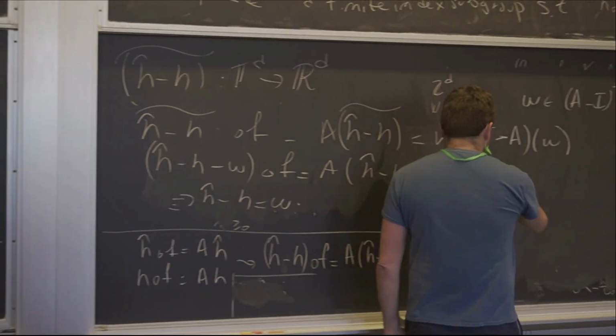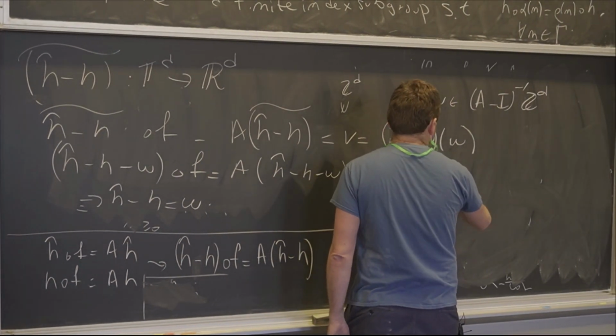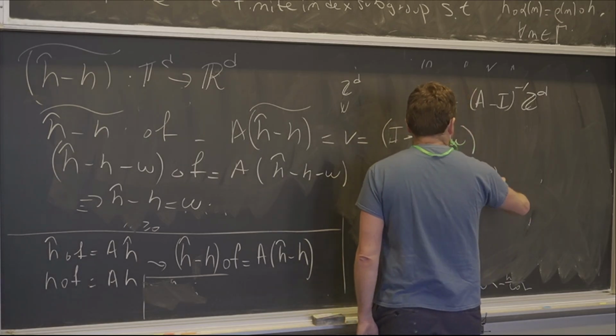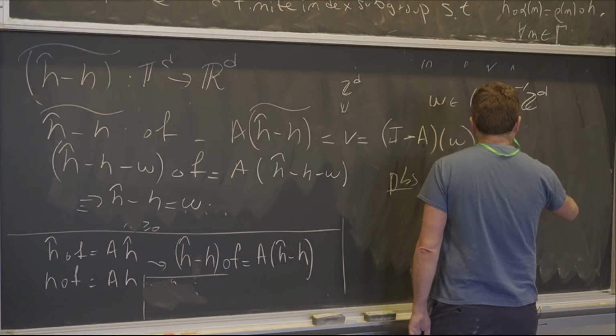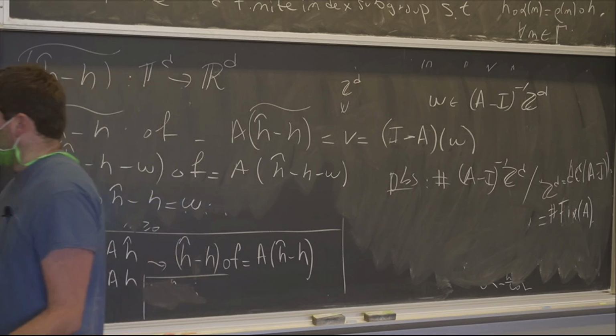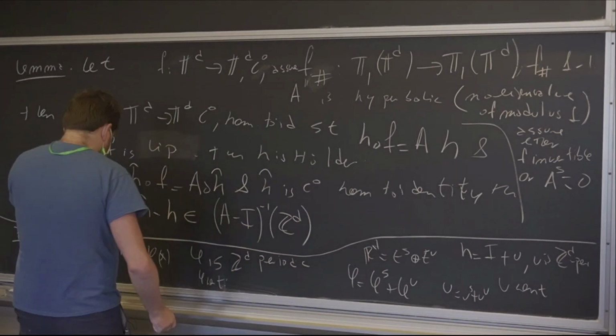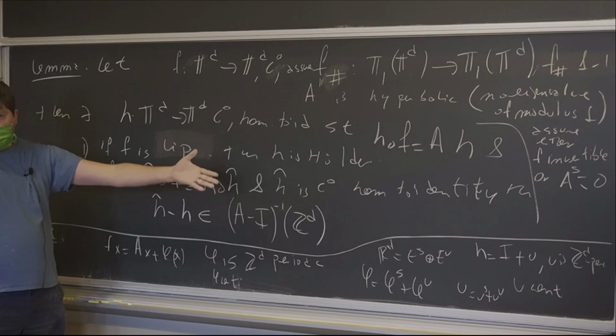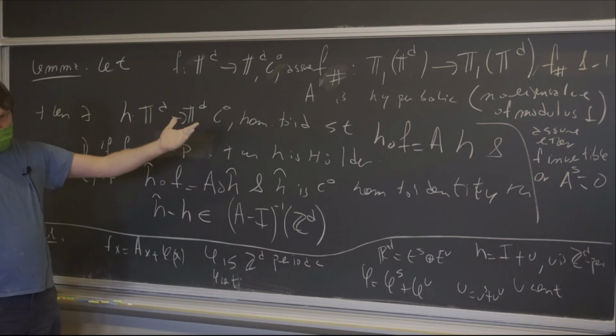And an observation is that the cardinality of this is the same as the determinant of A minus I, which is the same as the cardinality of the fixed points of A. And actually, the whole point was that A has fixed point 0 typically, but A has other fixed points.